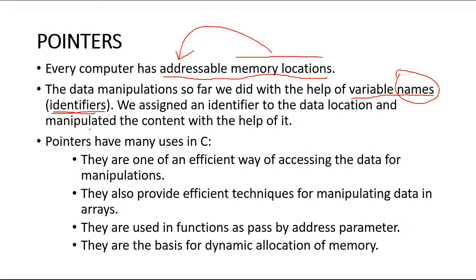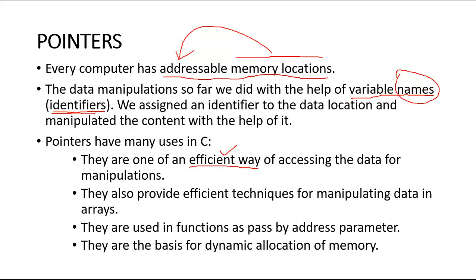But from now on, we are going to manipulate the content with the help of the memory location's address. So why are we going for these pointers? What sort of advantages do we have? They are an efficient way of accessing or manipulating the data. With identifiers also we can manipulate, but if you manipulate the data with the help of pointers, that manipulation becomes more efficient.